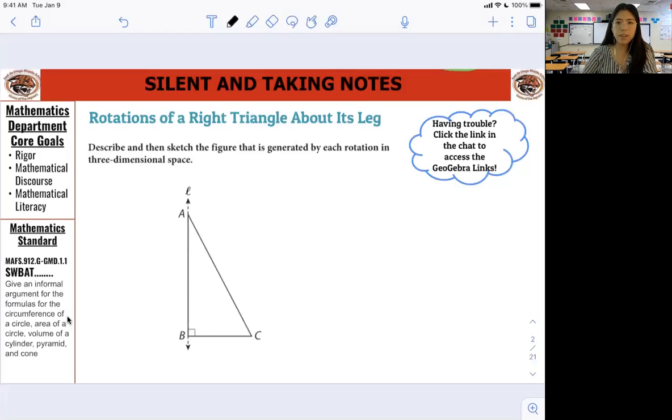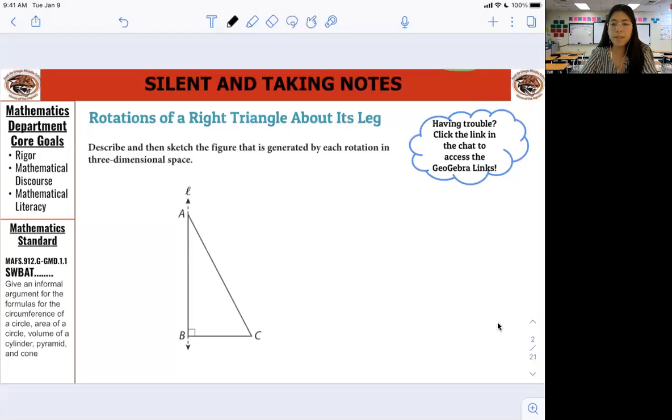All right, so back on the Zoom screen, here we are. I have a right triangle, and who can tell me what happens when you spin that right triangle and rotate it around that axis? What do you get? It becomes a cone.